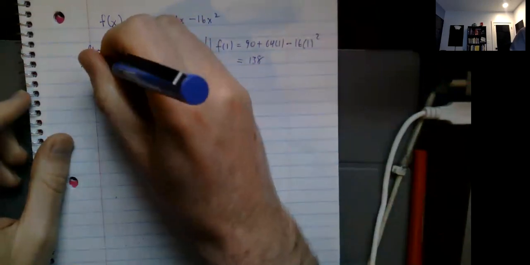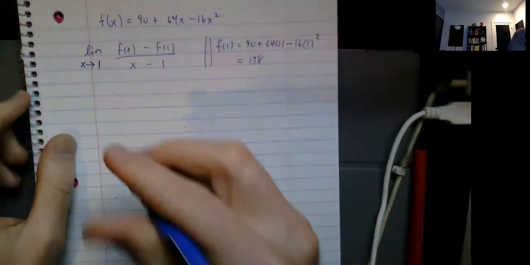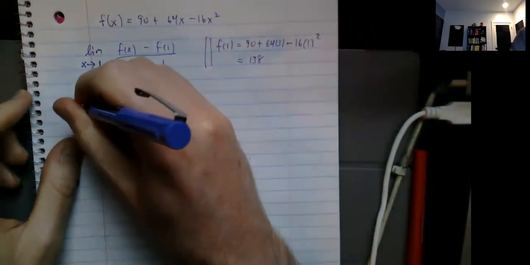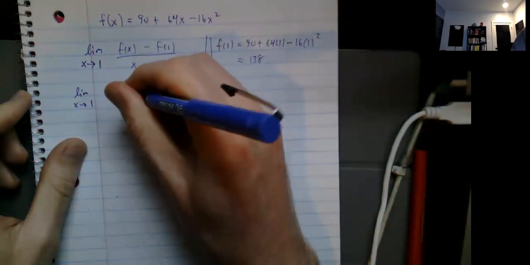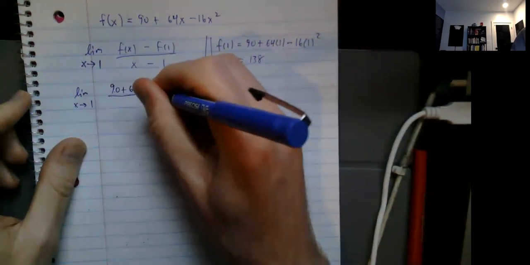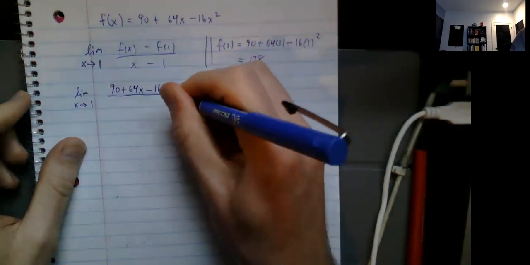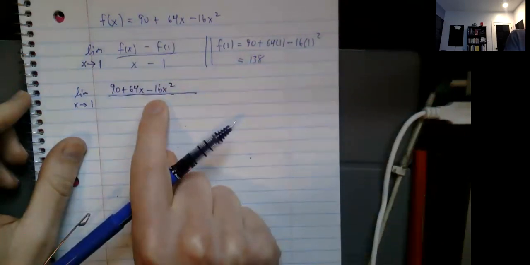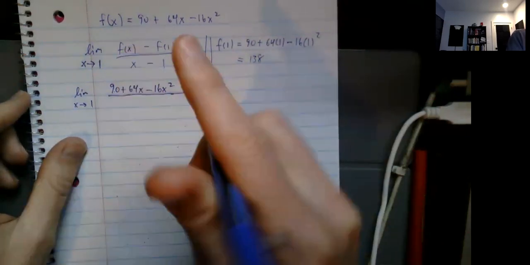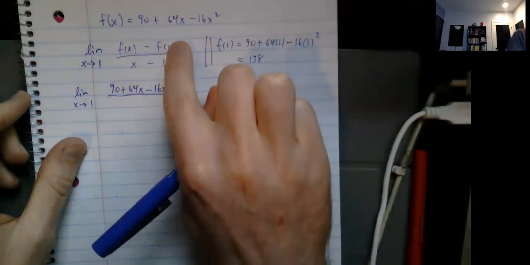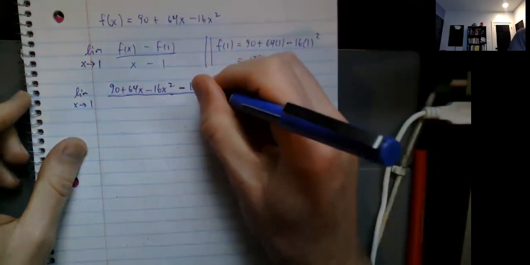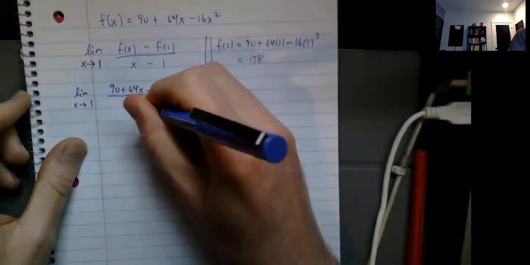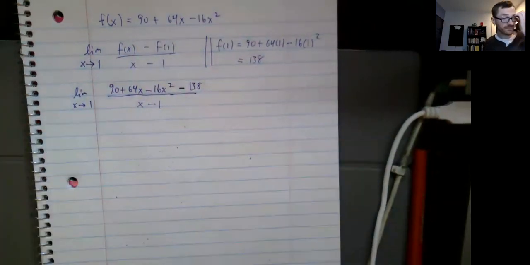So, limit as x approaches 1 of what? f of x, which is this whole expression here, the 90 plus 64x minus 16x squared, right? That's f of x. And then minus f of 1, which we just said was 138, all over x minus 1, okay?